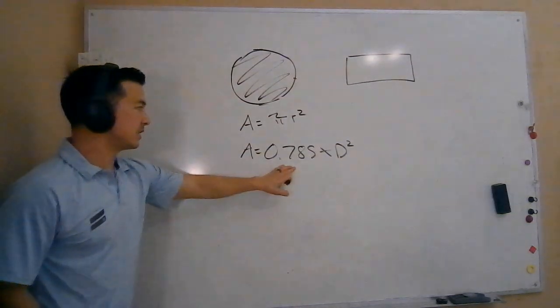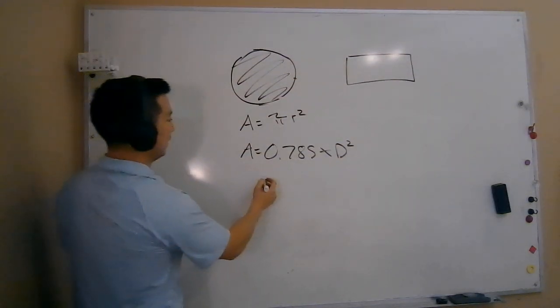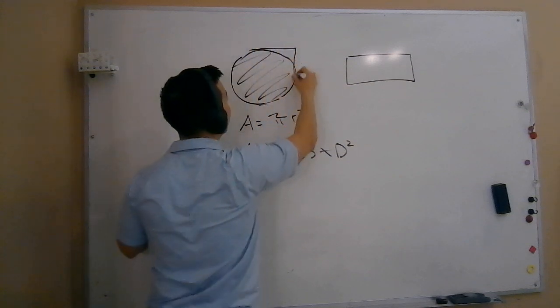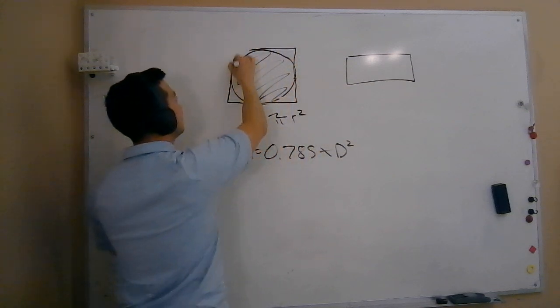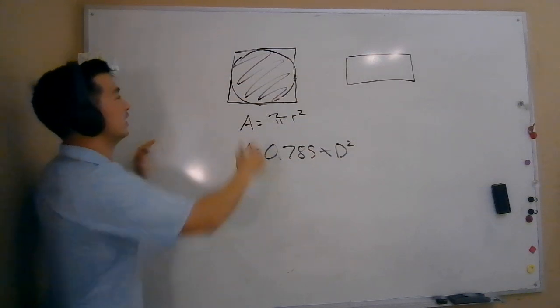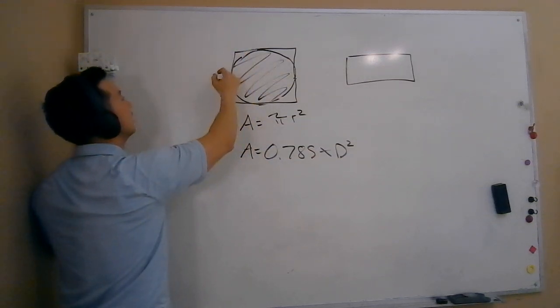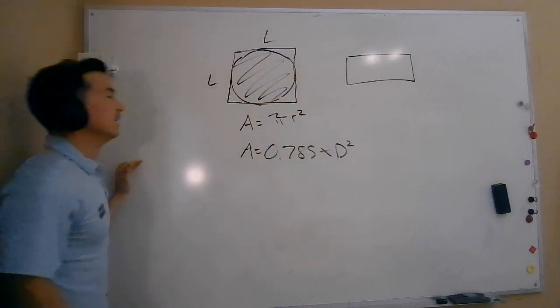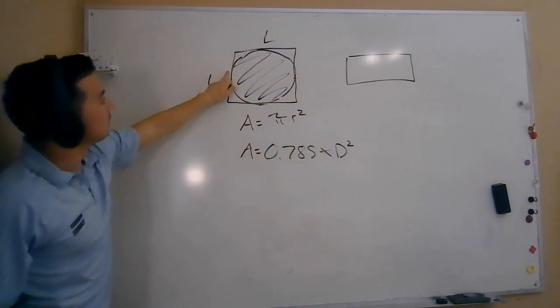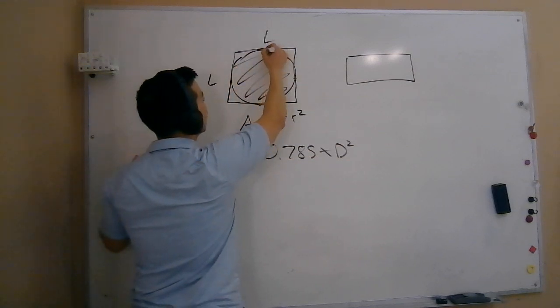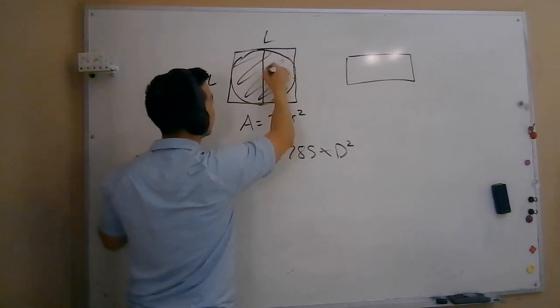This 0.785 comes from if I have a perfect circle like this and I draw a perfect square around that circle. The area of this square is just going to be whatever this length is times this length. This length of the square is actually the same as the diameter of my circle.